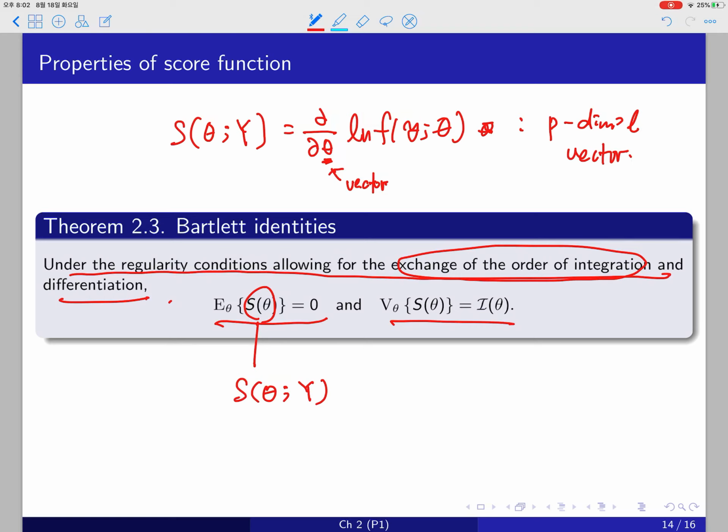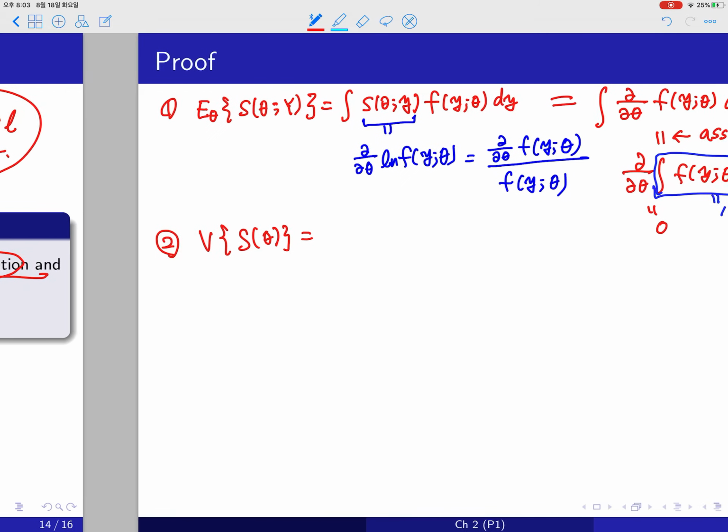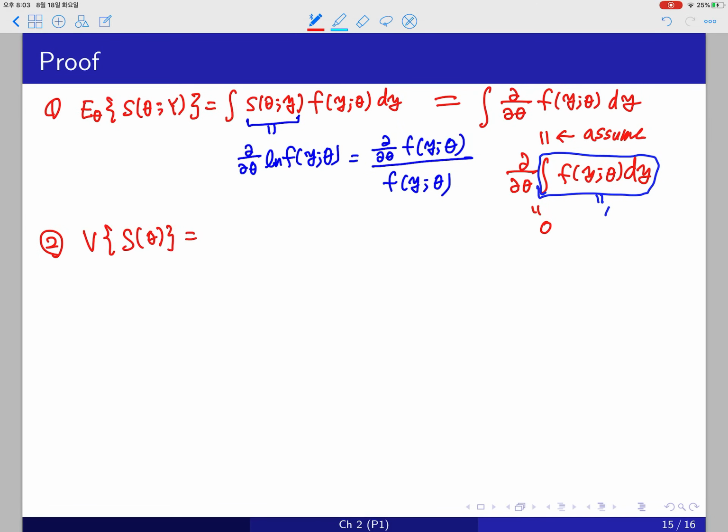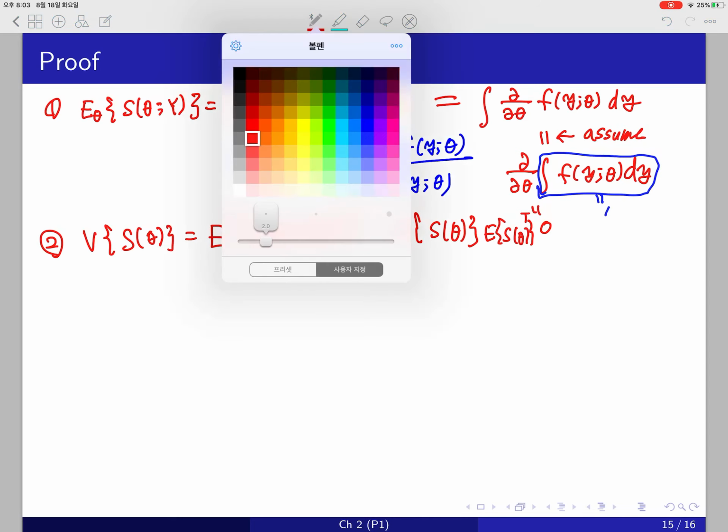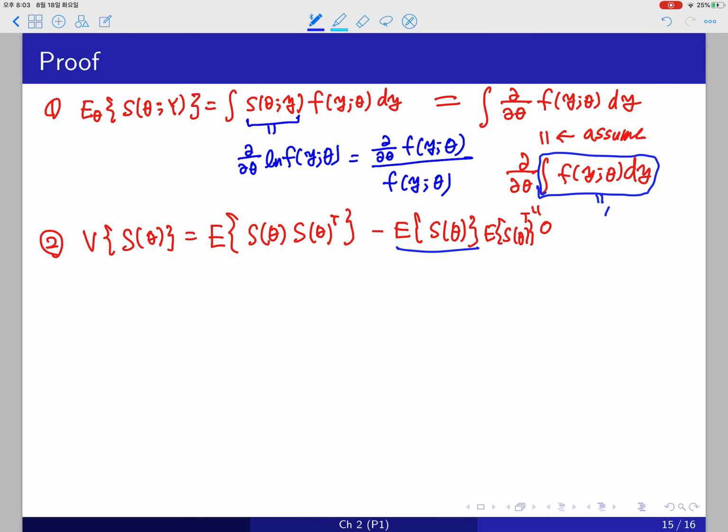We assume that theta is a column vector, so the score function is a column vector. Then the variance of a vector random variable is a variance-covariance matrix. So that means this is the expectation of S S transpose minus the mean times its transpose, but the mean is equal to 0 already.